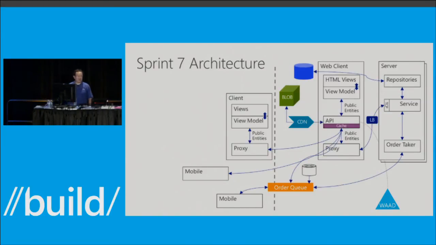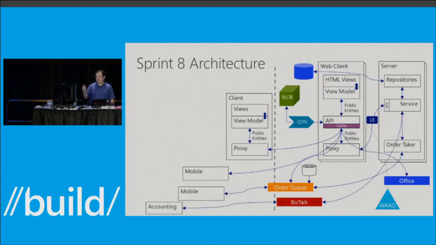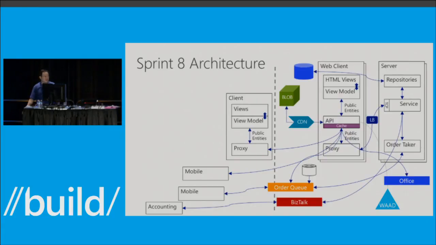So everything will be on the cloud, and will be scalable. Then in Sprint 8, we'll do the integration. We'll do integration through BizTalk to your on-premise accounting or ERP system, and we'll use the Office APIs to integrate with Office applications. But that's the plan for the future, or maybe some next talk.